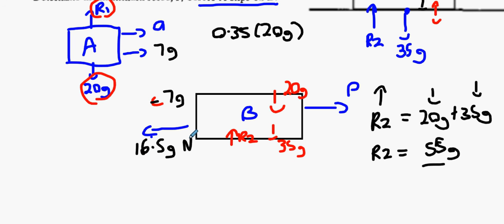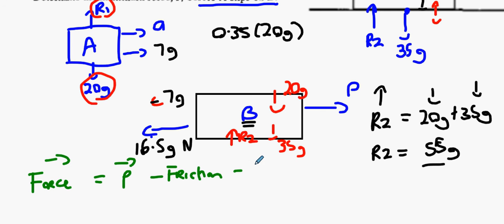Now we're going to look at B and determine its acceleration. So force, going to the right, is going to equal P moving to the right, minus the two frictions. They're the only things moving it to the left.